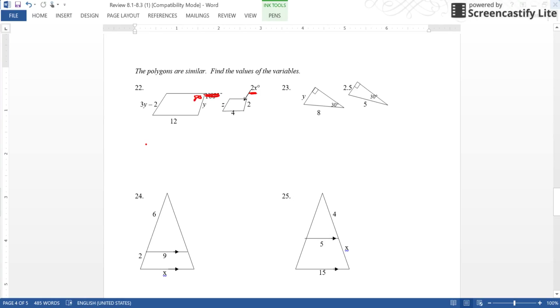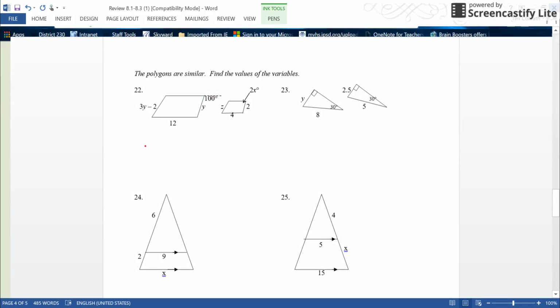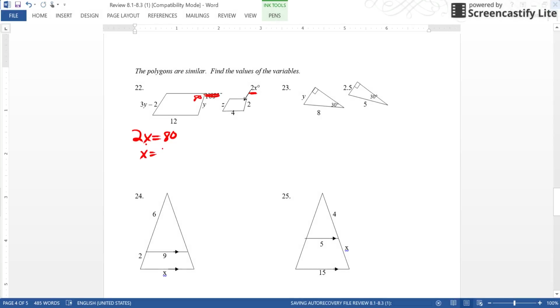It's kind of confusing in there, but I would say 2x equals 80. So I get x to be 40. Okay? Because this angle here was 100 degrees, meaning this whole angle here is 80.